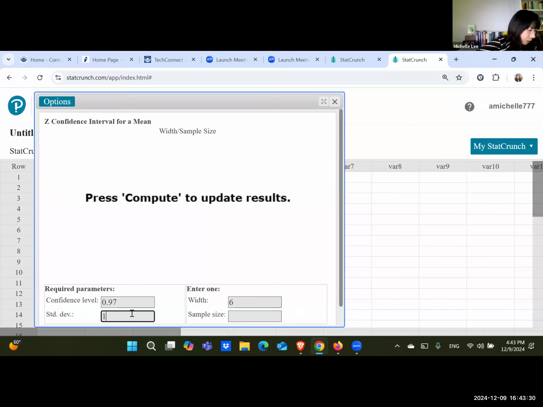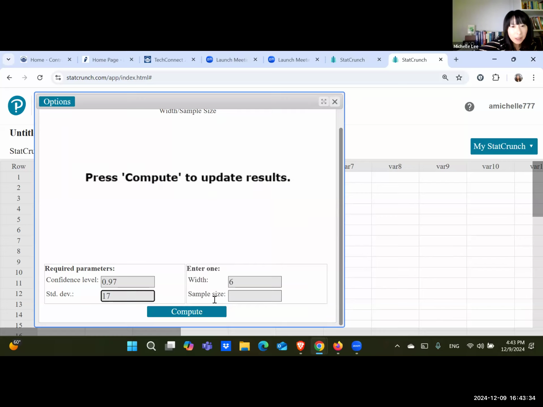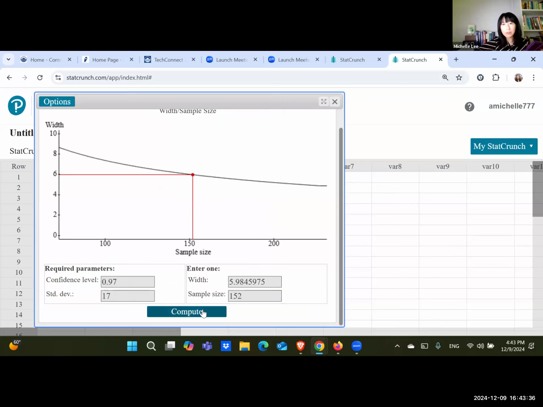And then standard deviation, which is 17 years. And then sample size, we are looking for 152. We don't worry about the round up, right? Because StatCrunch does it for us, 152. Okay, 152. All right, let's do it. We finish.